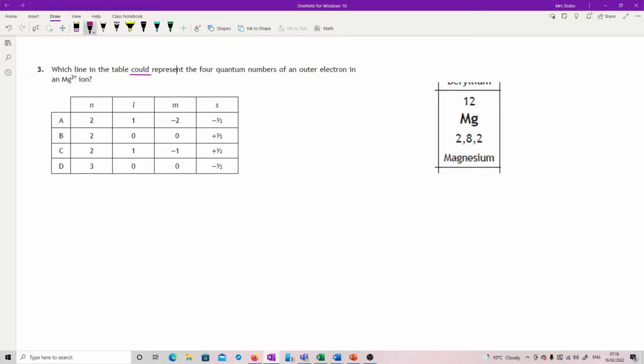So that means we have 1s2, then 2s2, 2p6, which gets you to 8, and then we've got 3s2 for magnesium in ground state, but it tells you it's an Mg2+ ion, so I'm going to take these out. So my outer electron is going to be in the 2p orbital set.